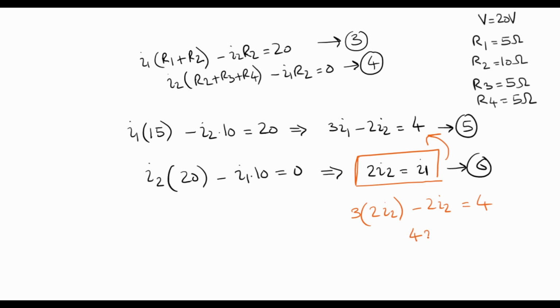This would then become 4 times I2 equals 4, and I2 would be 1 ampere. Now that we have the value of I2, we can plug it in equation 6 and get I1. I1 would then be 2 times 1, or 2 amperes.